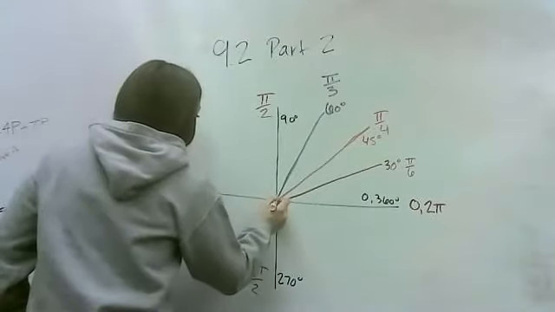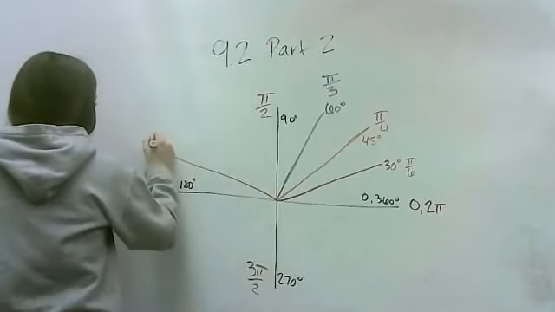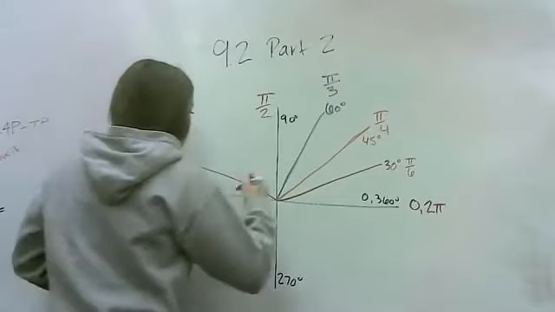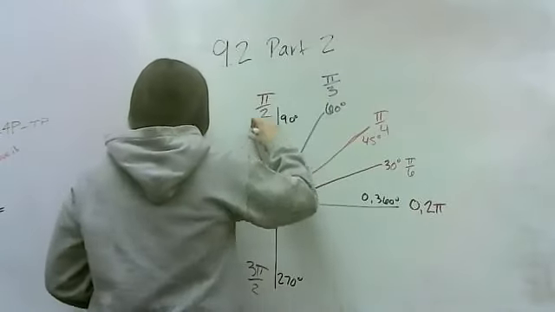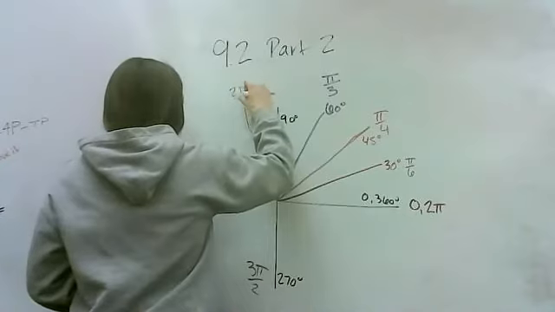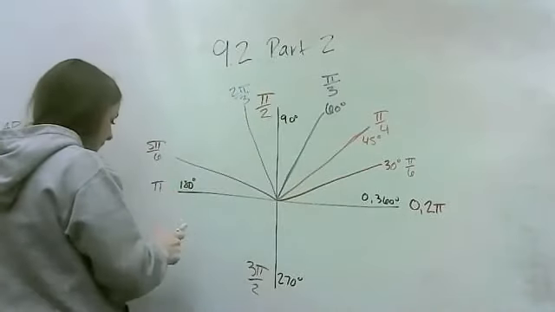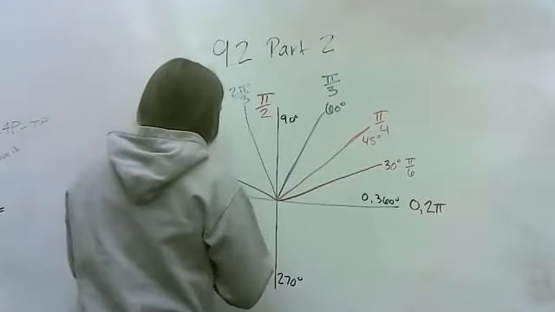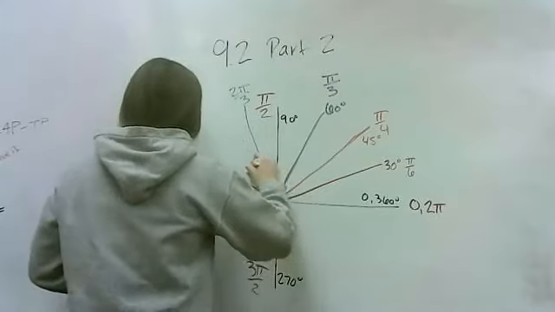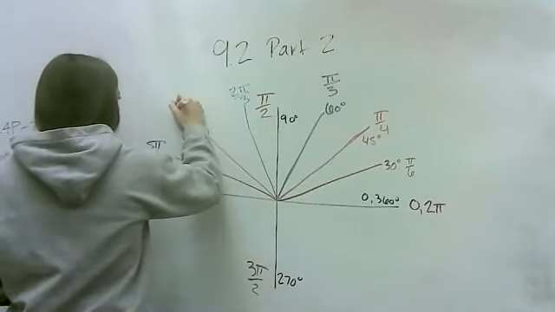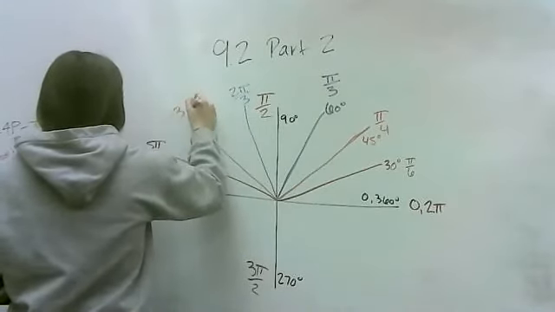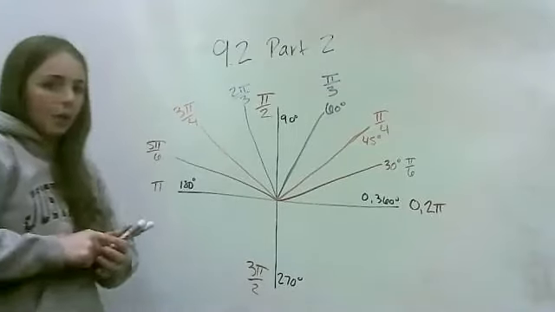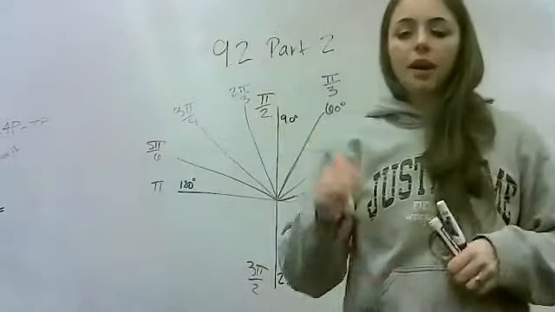So over here, I would have 5 pi over 6, I would have 2 pi over 3, and I would have 3 pi over 4.